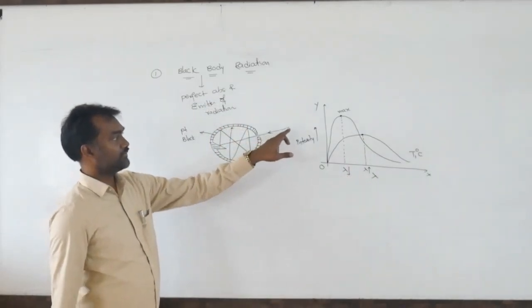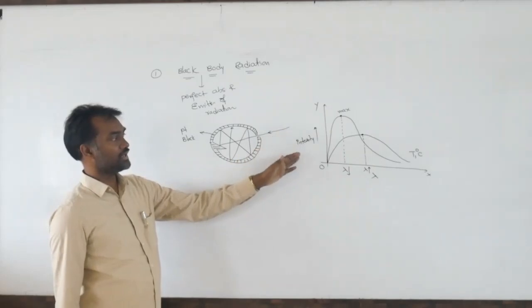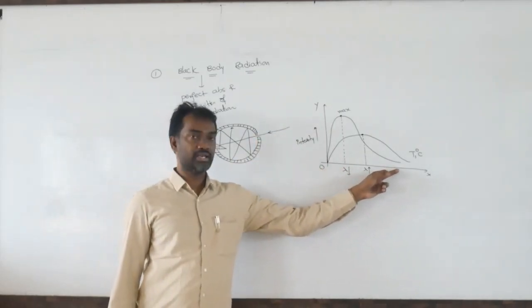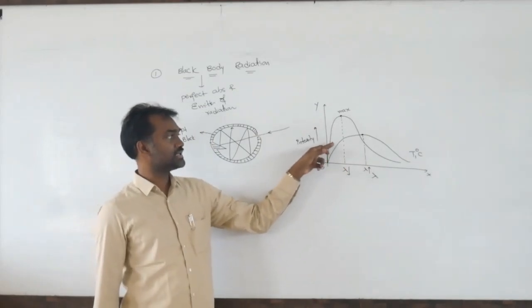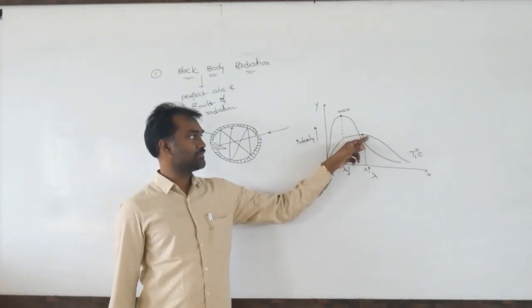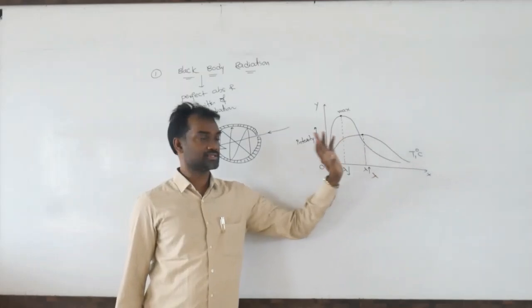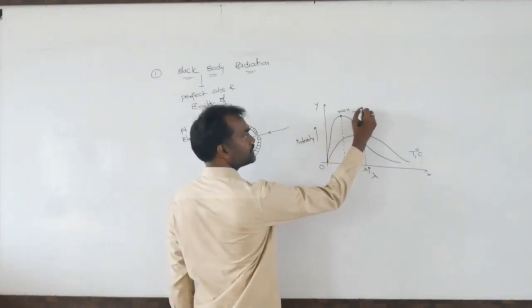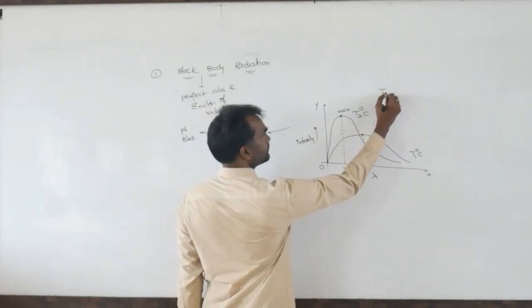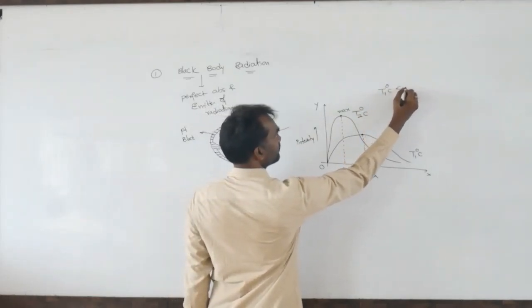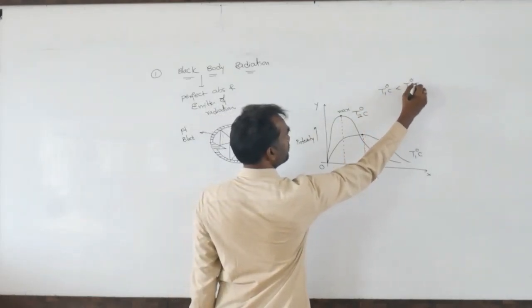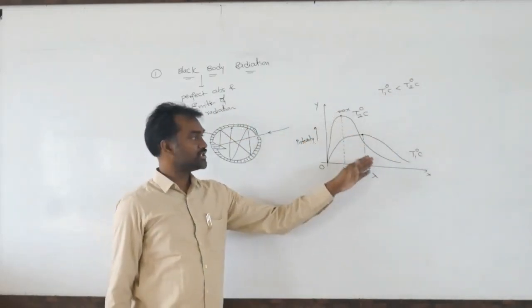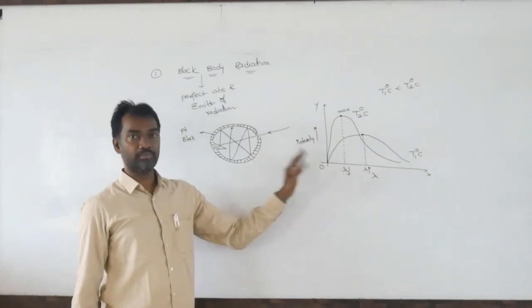So as the temperature increases from T1 to T2 degree Celsius, the maximum intensity moves towards the lower lambda side.